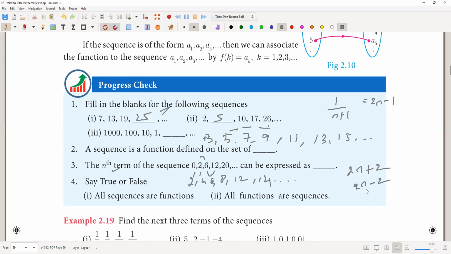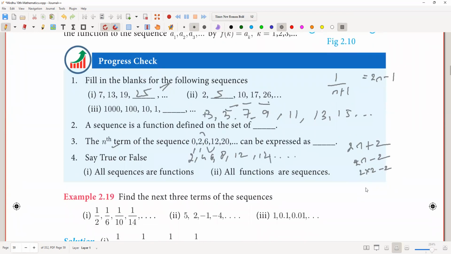If I put n equal to 1, it becomes 0. If I put n equal to 2, 2 into 2 minus 2, it becomes 2. If I put n equal to 3, 6 minus 2 is 4. But we have 6 here.